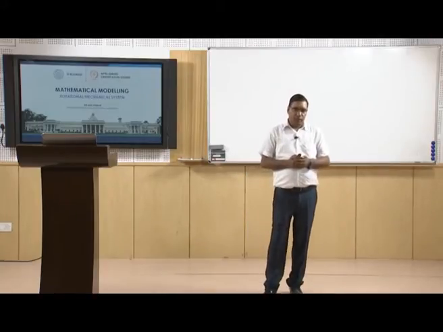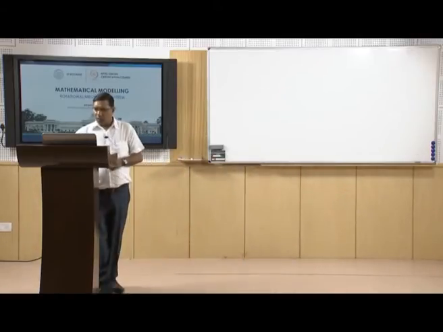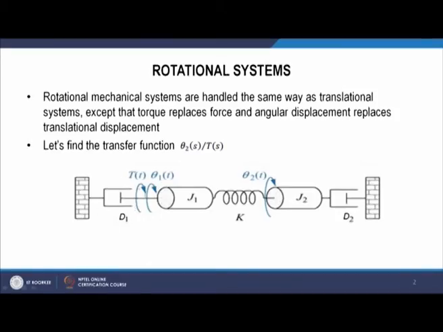So, let us take one example of a rotational system. We can see here this is our system. This damper responds to angular velocity, and here is the inertia. Now, instead of mass we use inertia, which is subjected to some torque T, and the angular displacement is theta 1 for this first inertia.